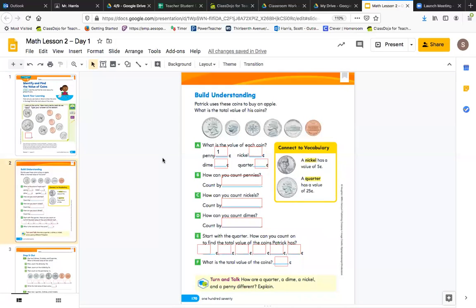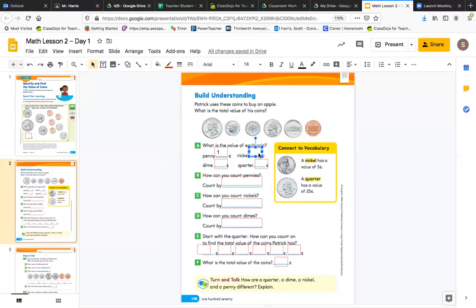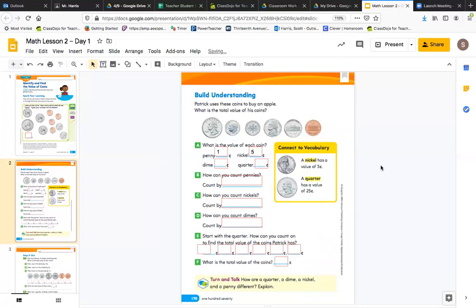That's right, so you're just going to type in a 1. Now a nickel, that's a new coin for us, so we have the answers right here. New vocabulary. A nickel has a value of how many cents? That's right, 5 cents. I want you to finish that. Type in how many for a dime, how many for a quarter, and then continue to the question B.